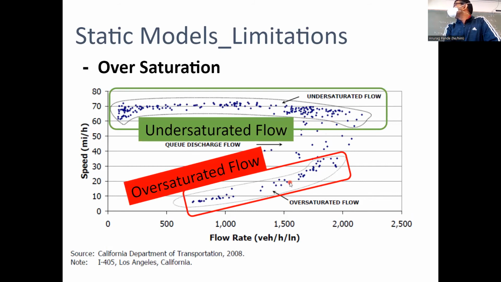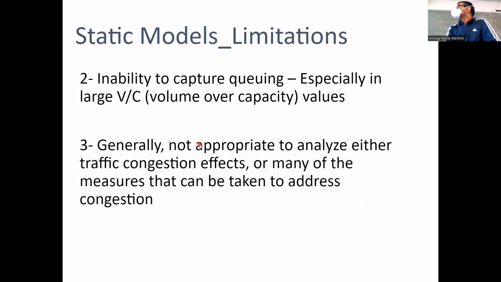So this is the area of the oversaturated flow, and then this is the area of the queue discharge flow. So static assignment cannot capture queuing, as I was saying, especially in the large V/C ratio areas. It's generally not appropriate to analyze either severe traffic congestion effects or many of the measures that need to be taken to address congestion.